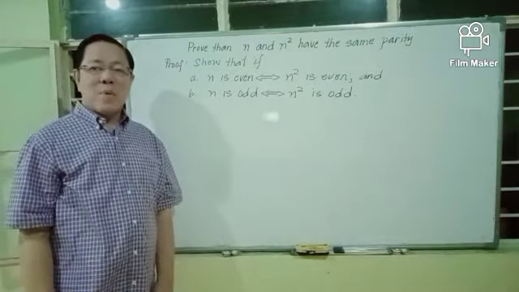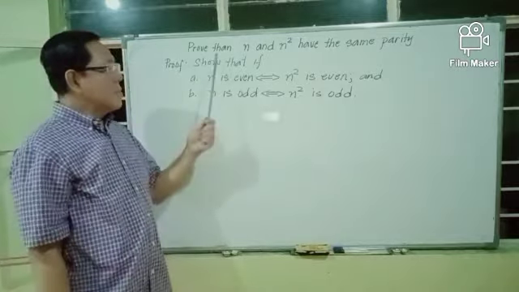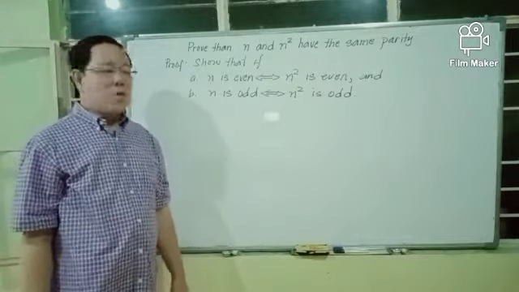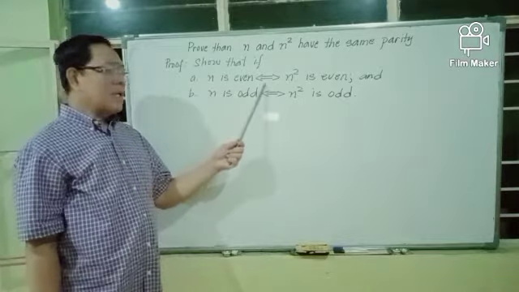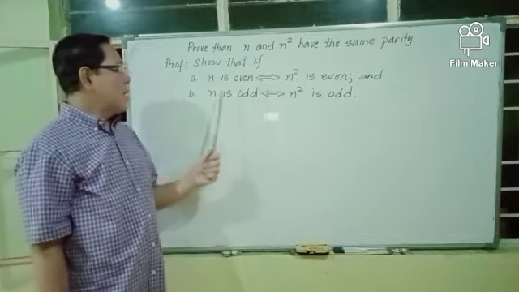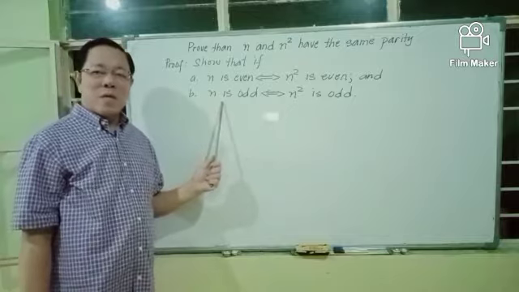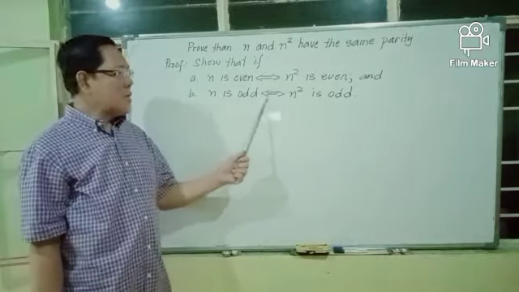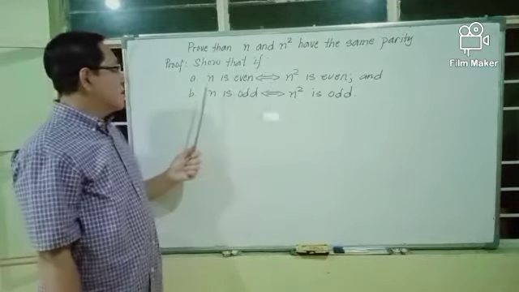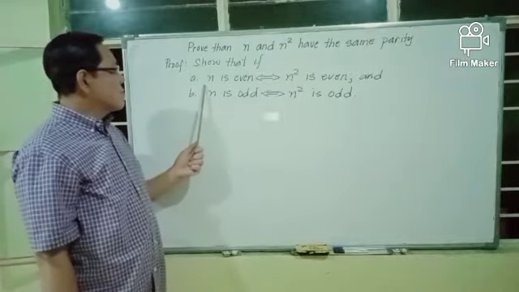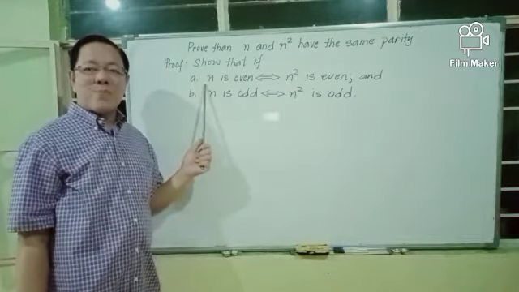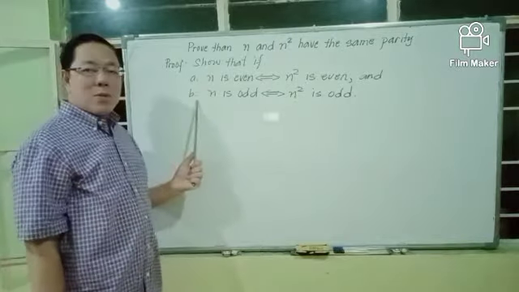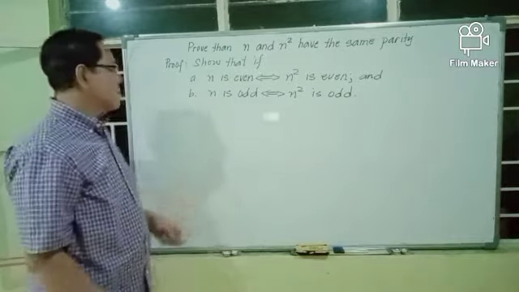These are the two parts of the problem that we have to show. We have to show that N is even if and only if N squared is even. And secondly, we have to show that N is odd if and only if N squared is odd. And I will show the proof for letter A, and for your exercise, please try to show letter B.